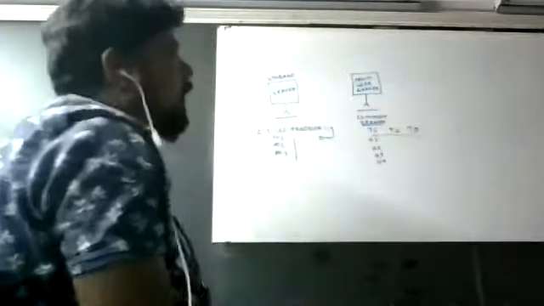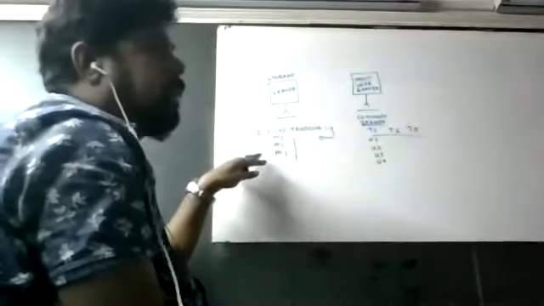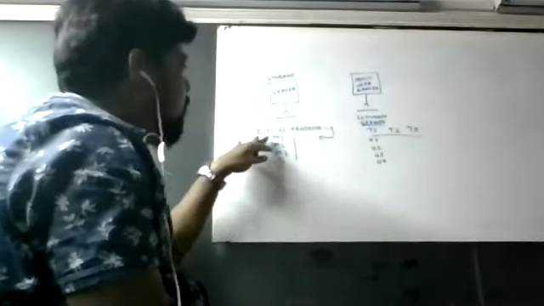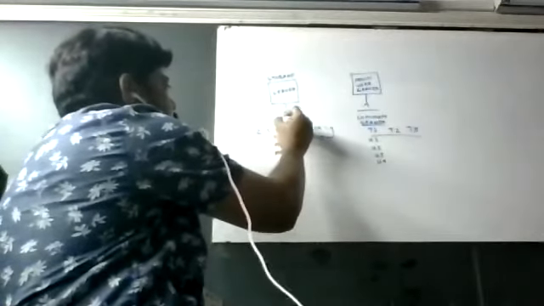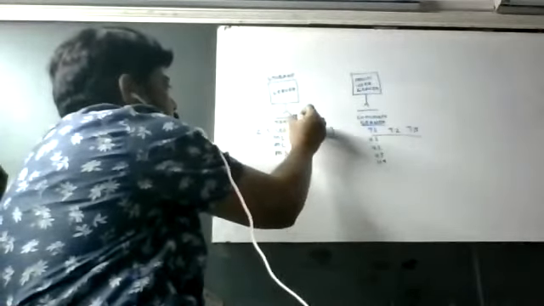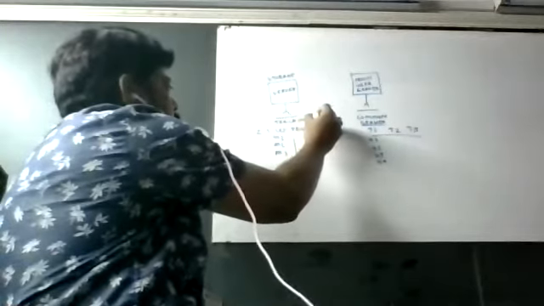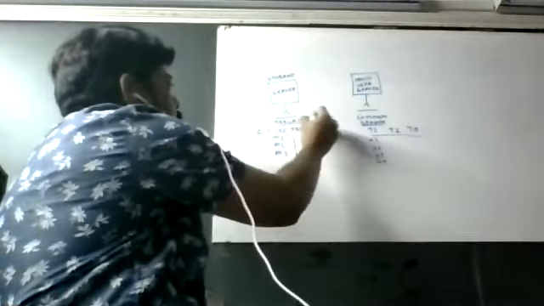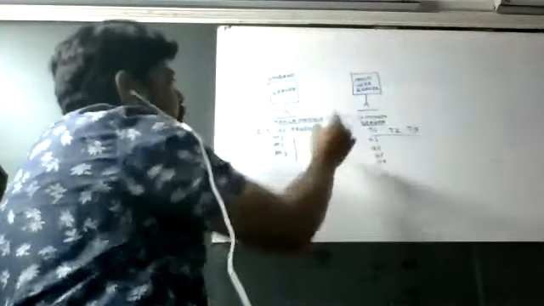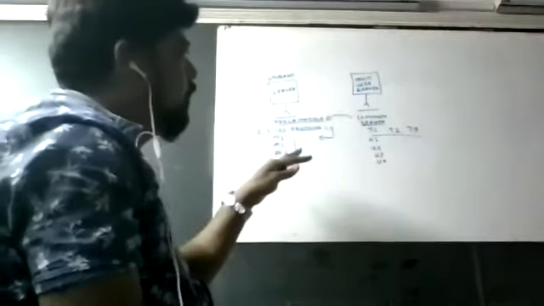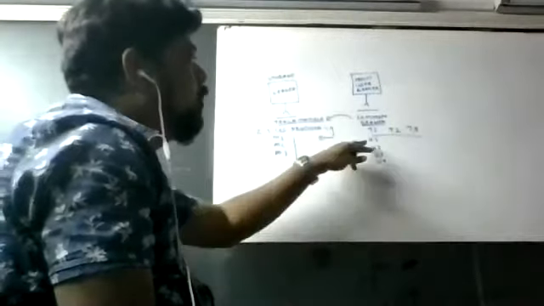Common server for connectivity with Tekla projects or Tekla models. These are the Tekla models. So this common server will be connecting to these Tekla models and connection will be provided to these users.